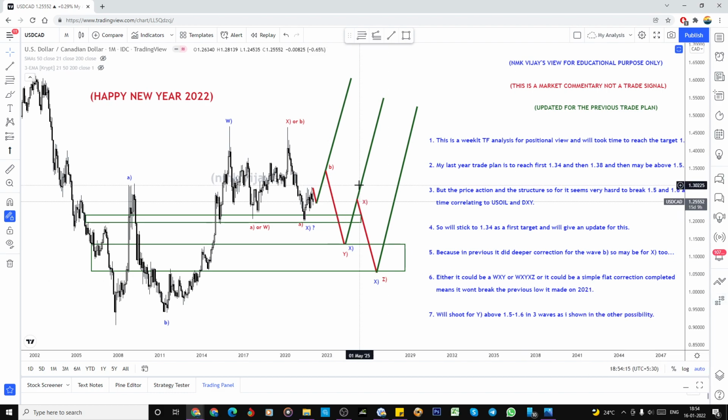That is part 4. We are in part 2, and I will update every week, so you just look for the videos. This is the monthly chart for USD/CAD.